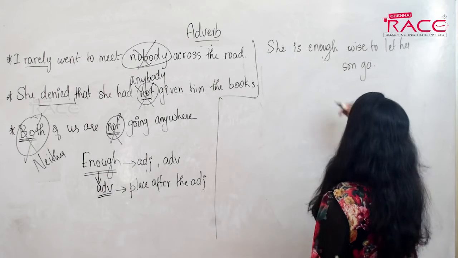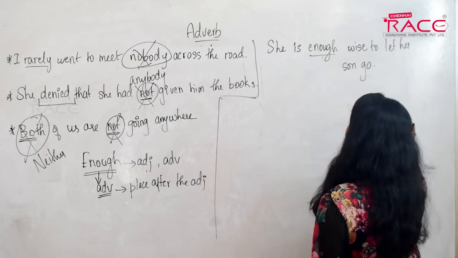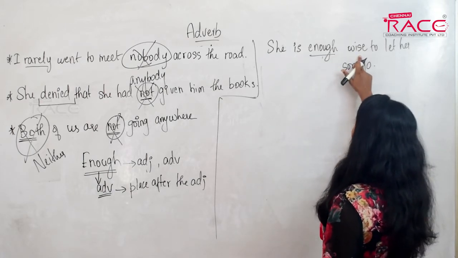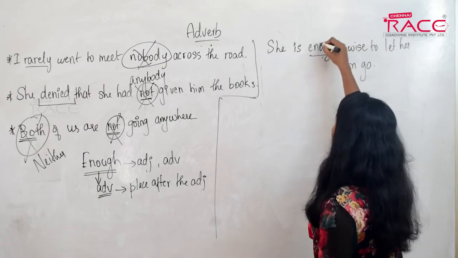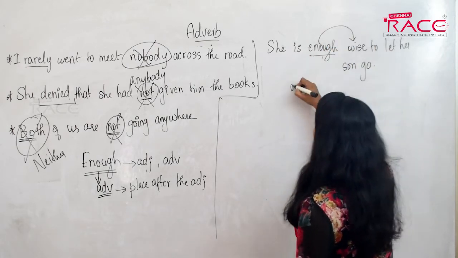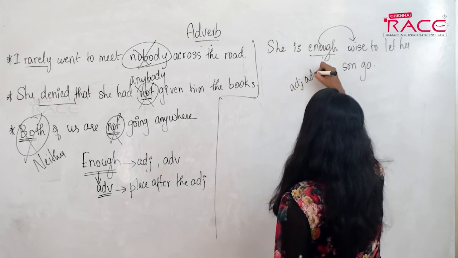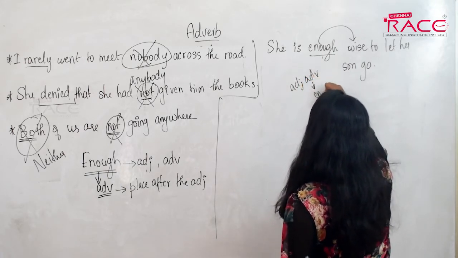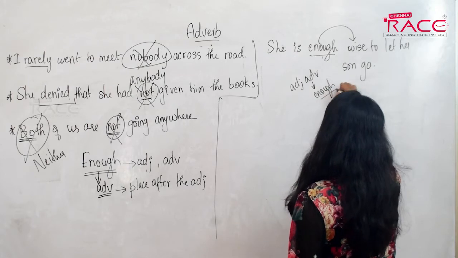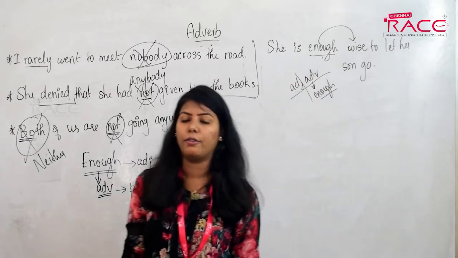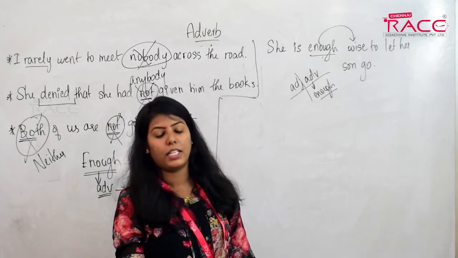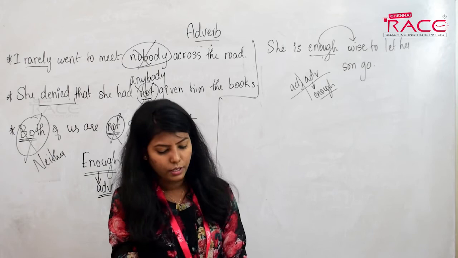Enough is used as an adverb here because it is describing wise. Wise is an adjective, so these must be exchanged. As I told you earlier, an adjective must be followed by an adverb, especially if this adverb is enough. So it must be: she is wise enough to let her son go. Okay, so next one.